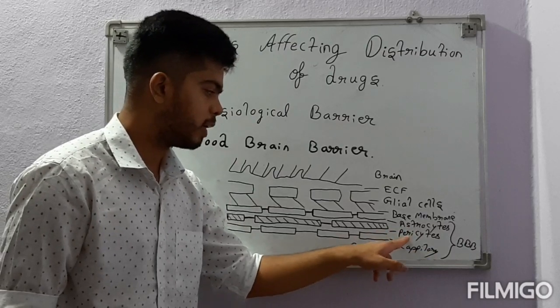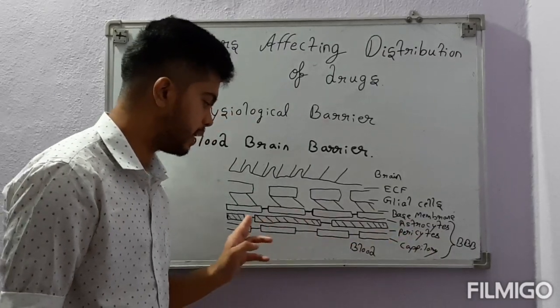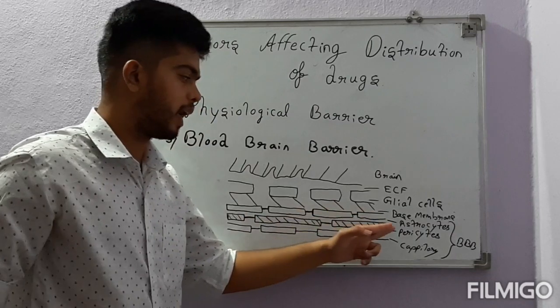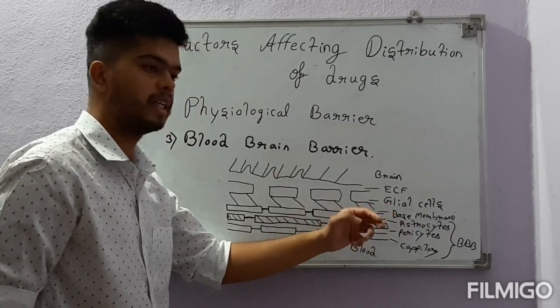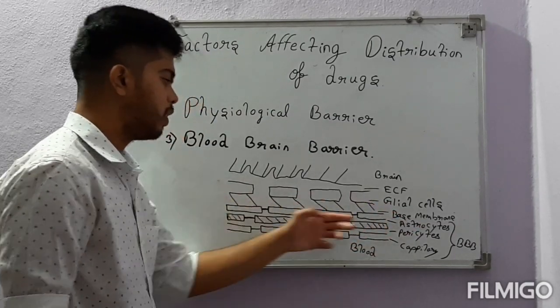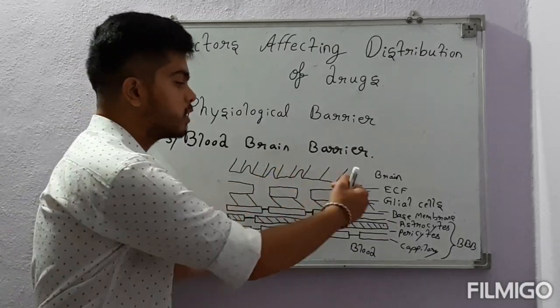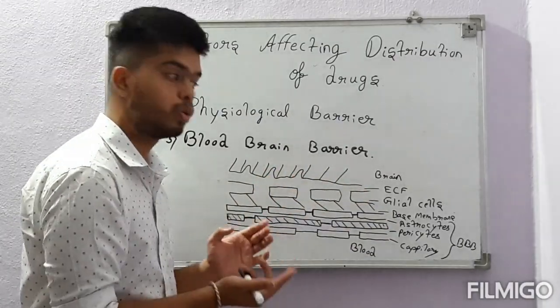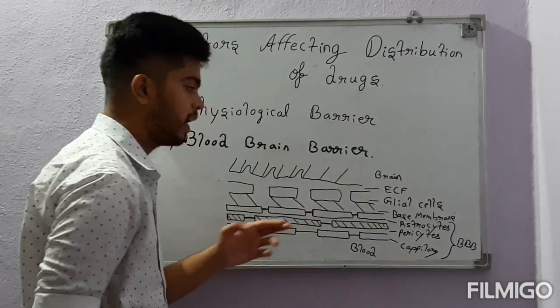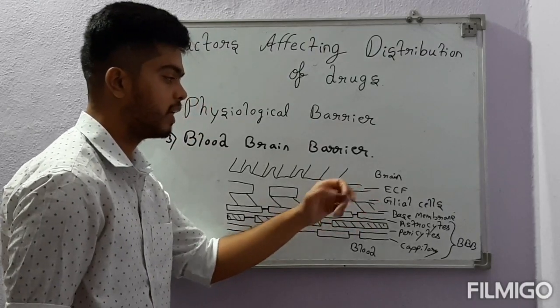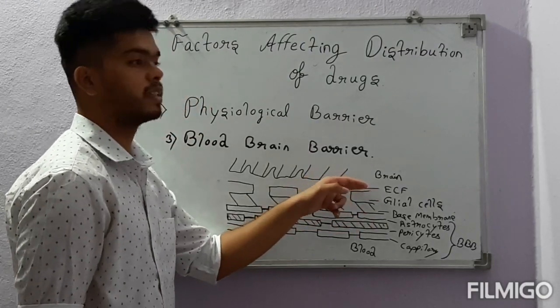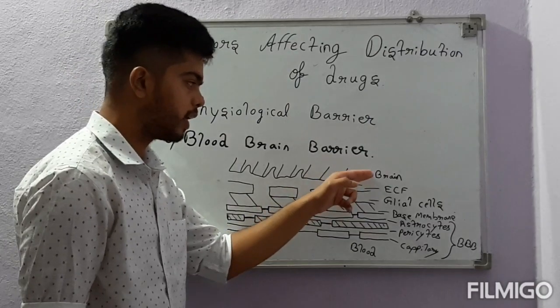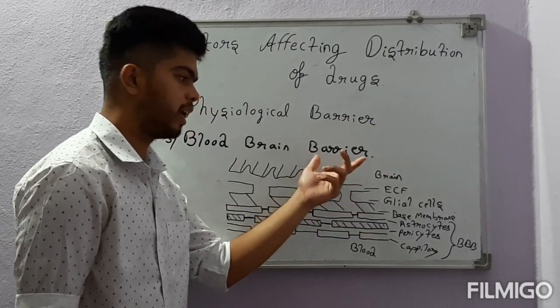After that we get pericyte cells, then astrocyte cells after the pericytes, then a basement membrane. After that a supporting cell to the neurons, as you know, glial cells are there, and after the glial cells we have extracellular fluid that is in contact with the brain, and after that the brain.